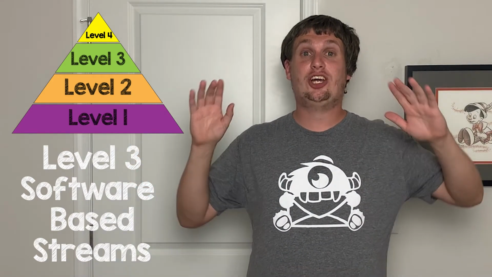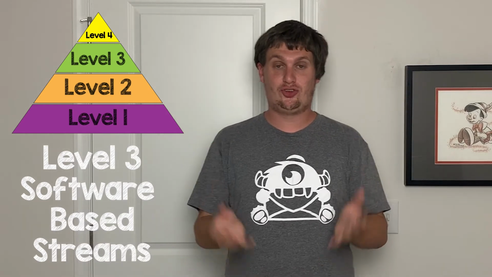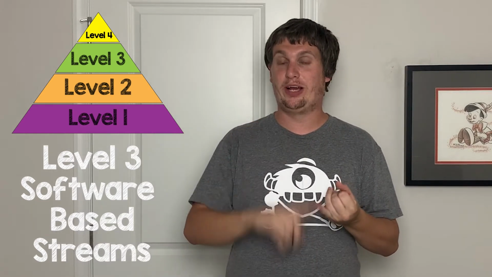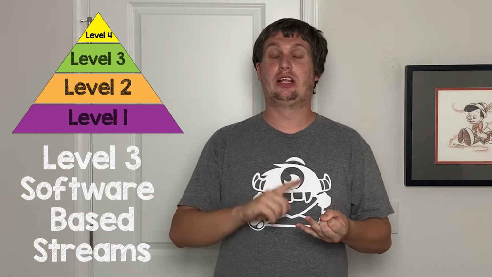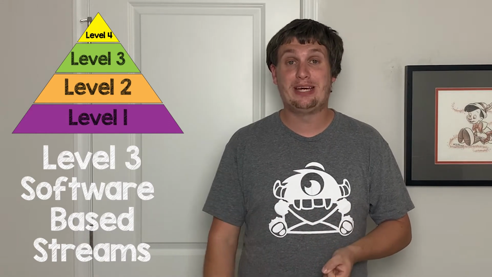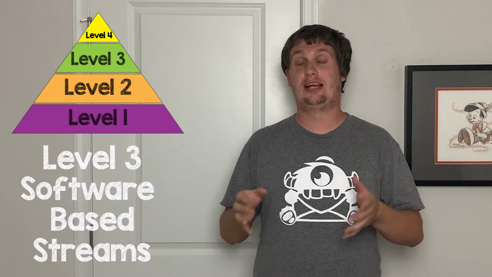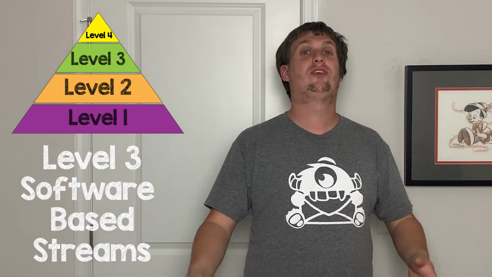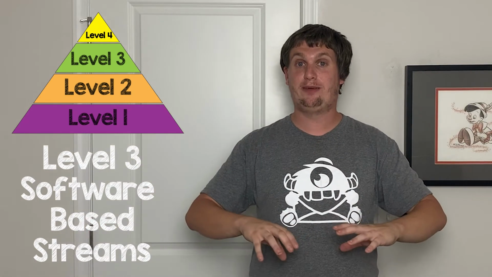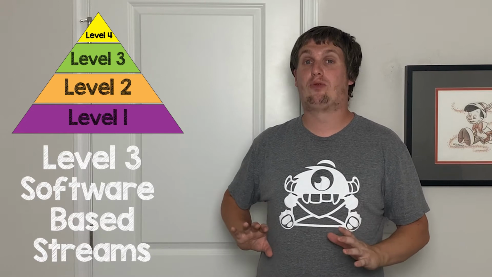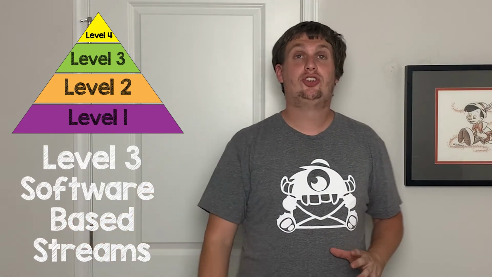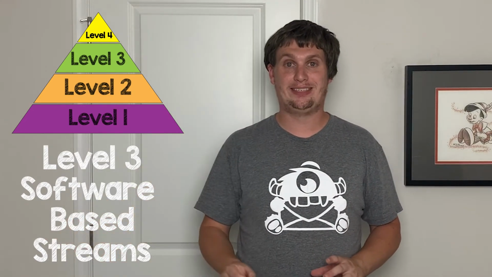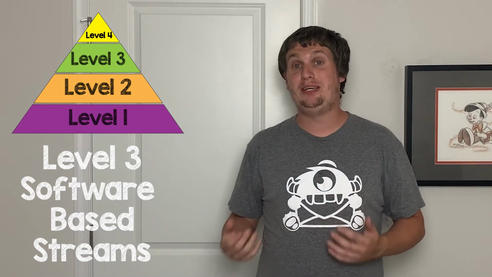This is your professional streaming software. So this is your Wirecast, your Ecamm Live, vMix. These are level 3 softwares because these are softwares that I have to install on my computer, and then they broadcast out to your audience through an RTMP feed.